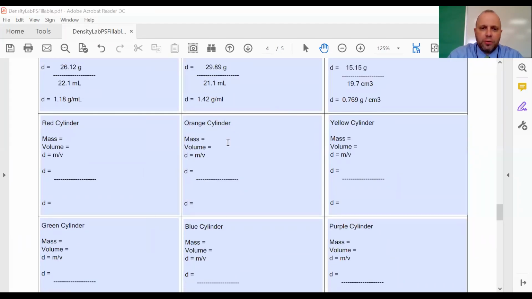I'm going to skip over the red one because you're going to do that one on your own. So we're going to jump to the orange one. 18.73 grams is my mass. My volume is 18.2 milliliters.